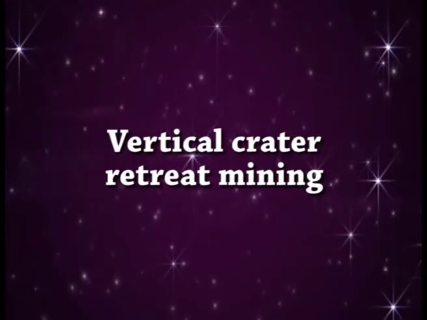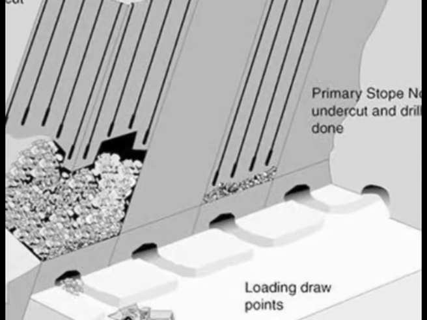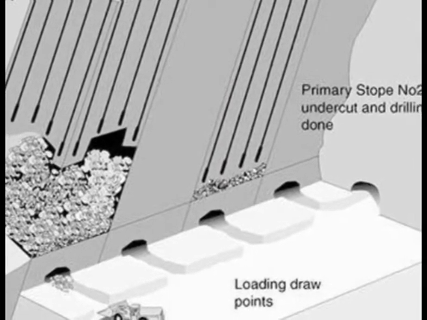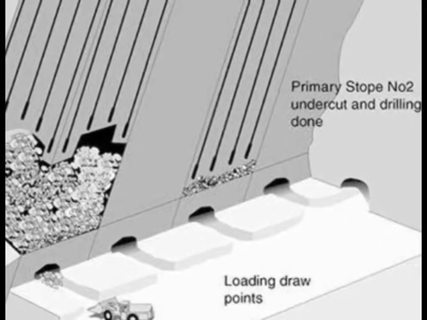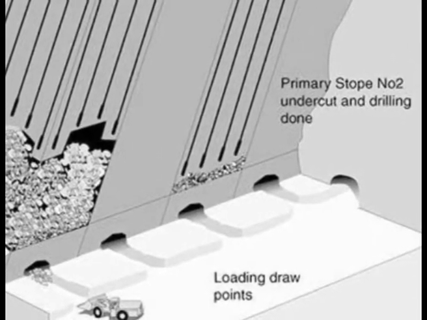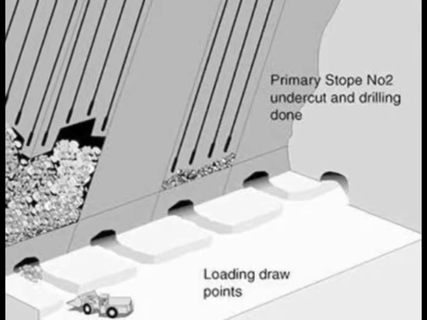Vertical crater retreat mining. Vertical crater retreat (VCR) mining is applicable to mineralization in steeply dipping strata. It uses a different blasting technique, breaking the rock with heavy concentrated charges placed in holes, that is craters, with very large diameter, about 165 millimeters, about 3 meters away from a free rock surface.